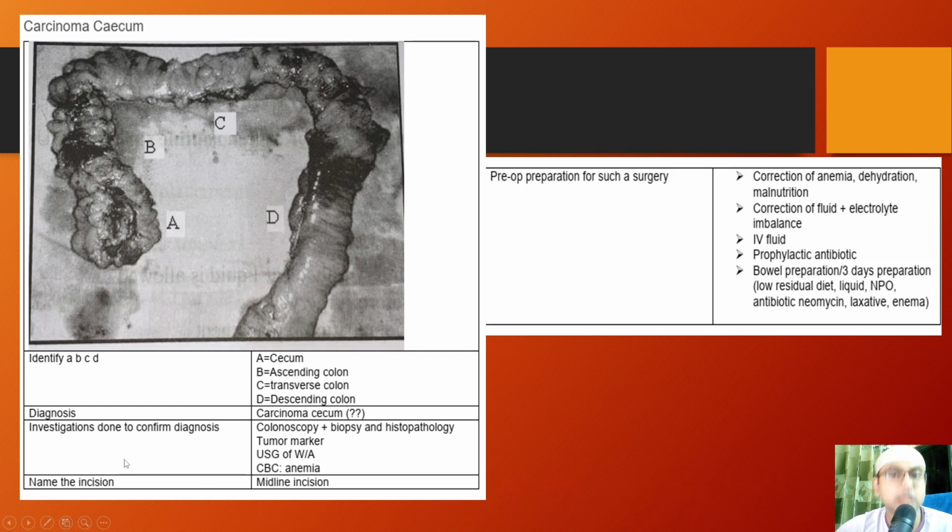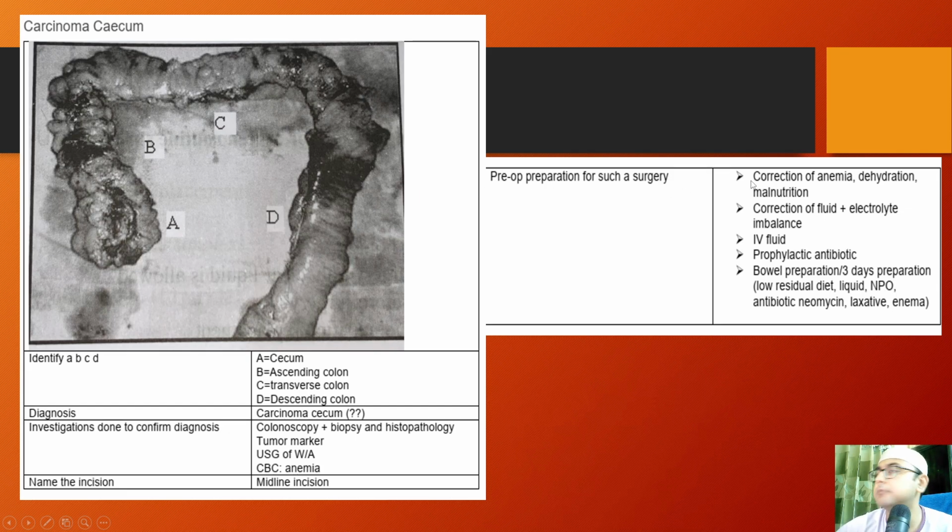And what will be the incision? That should be a midline or lower midline incision. So, preoperative preparation. Before operation, you must evacuate the gut with proper gut preparation, and also correct the anemia, electrolyte imbalance, and nutritional status.